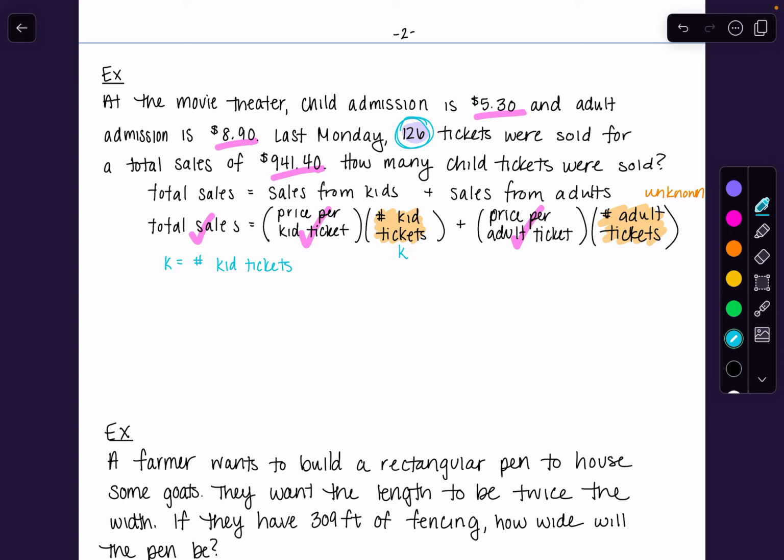If I sold 100 kid tickets, that means there's 26 left over. That's how many adult tickets there were. So I'm going to say that the number of adult tickets is the total number of tickets minus how many kid tickets we sold.